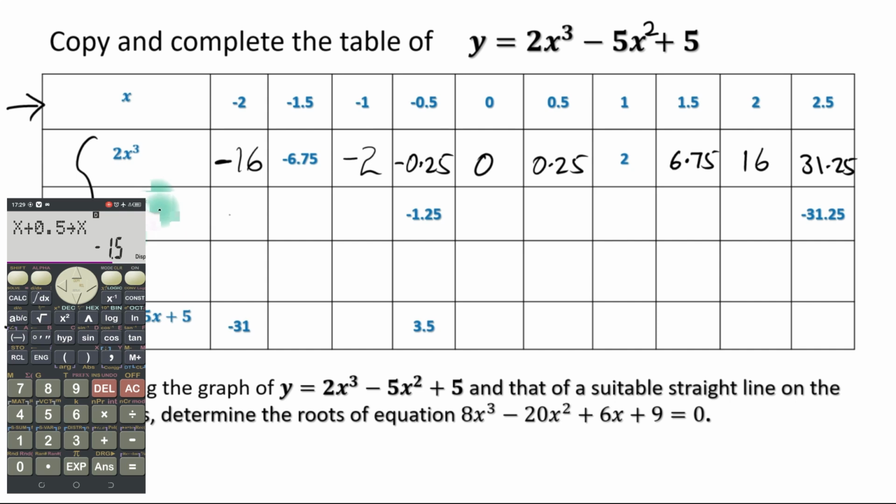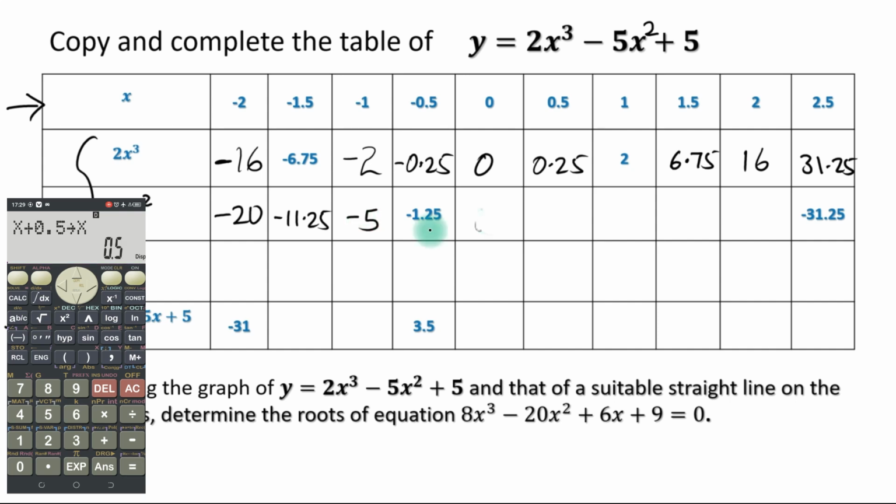When x is minus 1.5, that value will be minus 11.25. When x is minus 1, it will be minus 5. When x is minus 0.5, we get minus 1.25. When x is 0, the value will be 0.